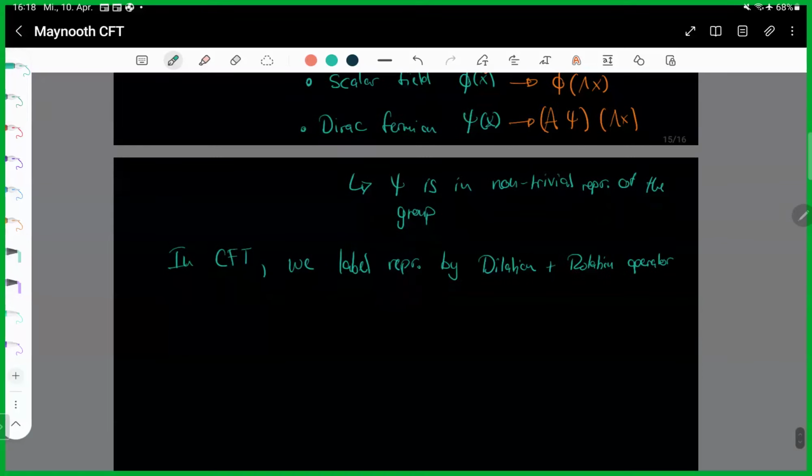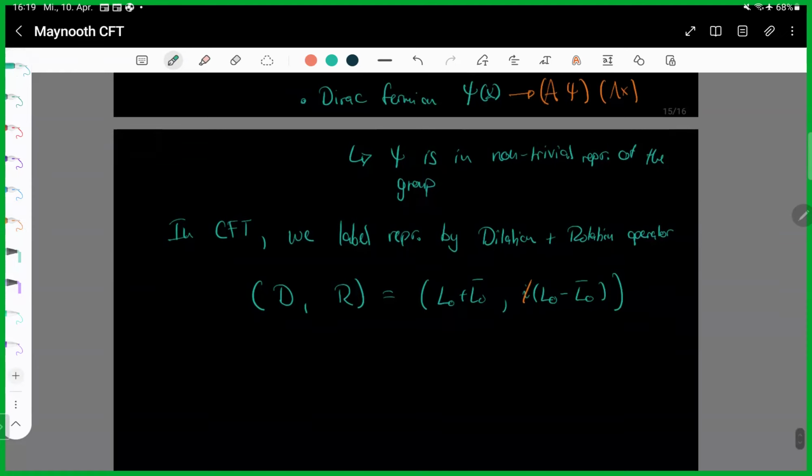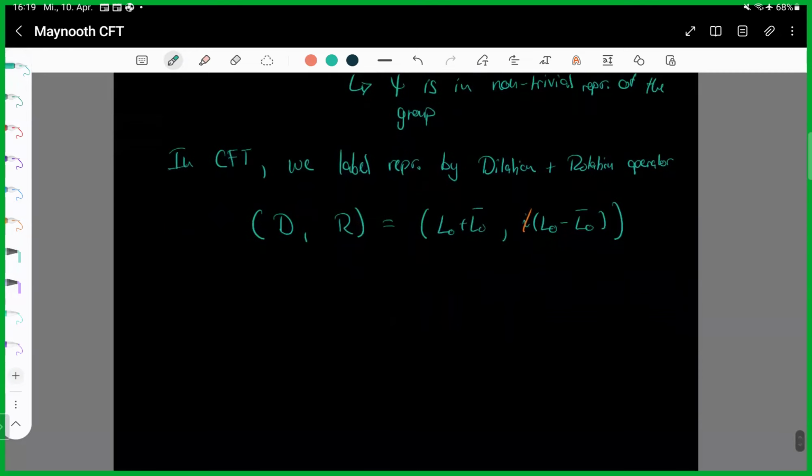And I remind you, those are secretly L0 plus L0 bar, this one exercise that I proposed to you, and L0 minus L0 bar. Typically, we don't care about the i when we do this, so we just forget about the i. It doesn't really matter much. And so these are the operators that we want to use.